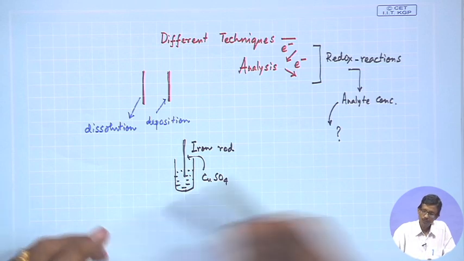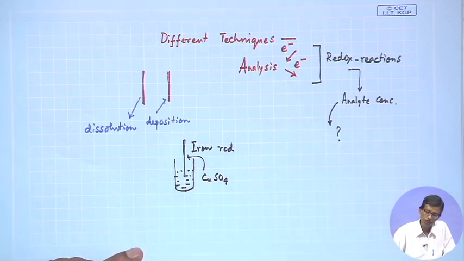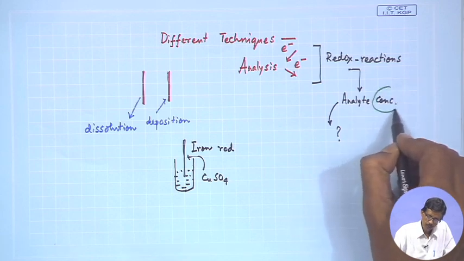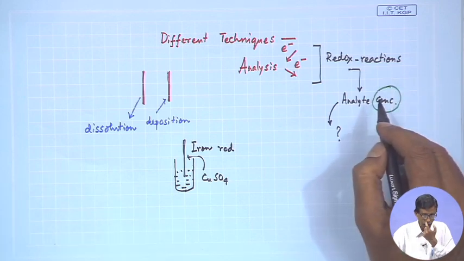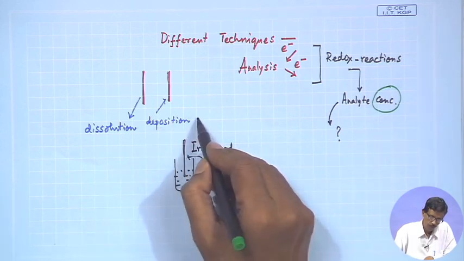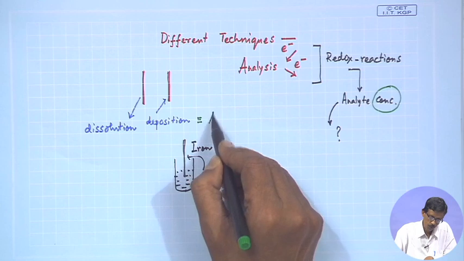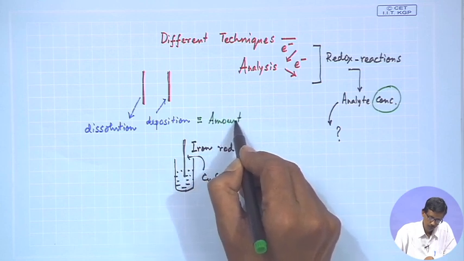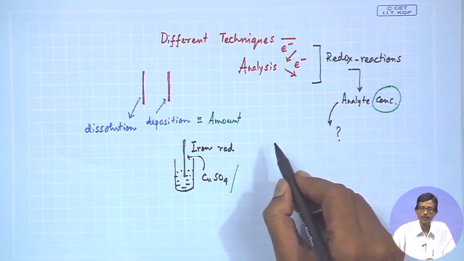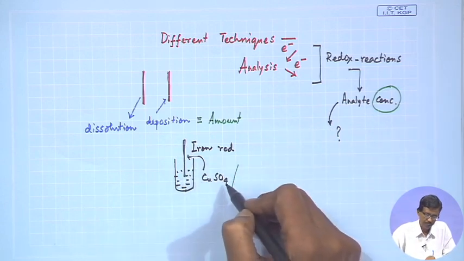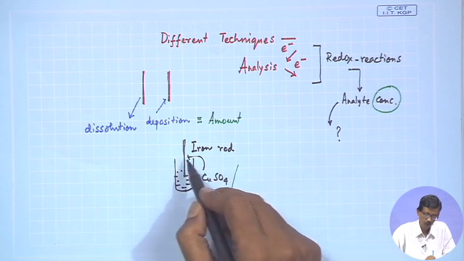So, now if we try to correlate these things, that means your analyte concentration, which is your unknown thing, and the amount of deposition. If there is some deposition, what should be the corresponding amount? That means, if we can weigh the amount which is getting deposited on this iron rod.